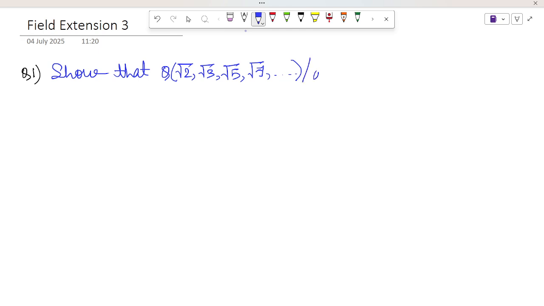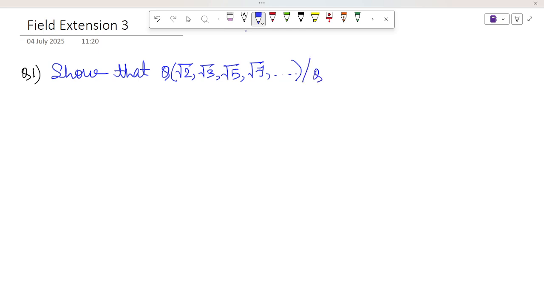So let us start with two problems. Question one: Q adjoin the square root of every prime.